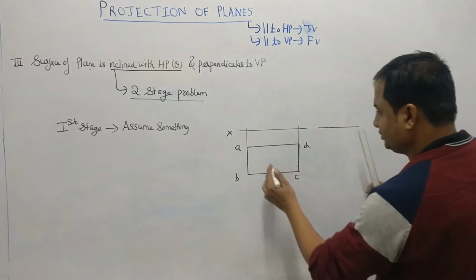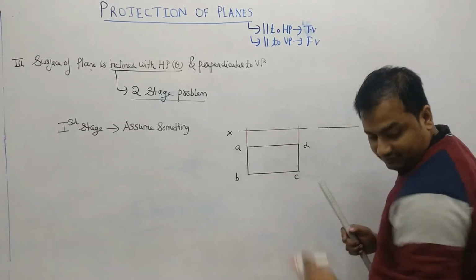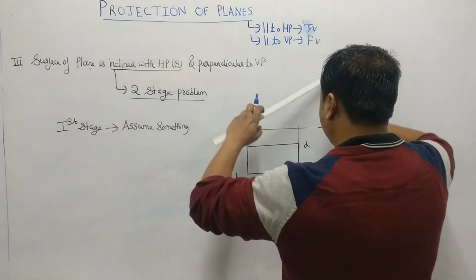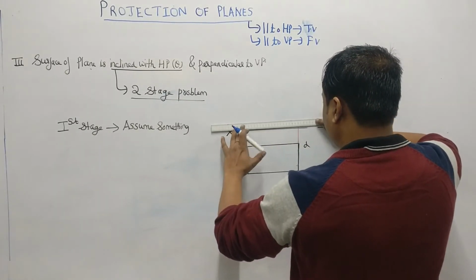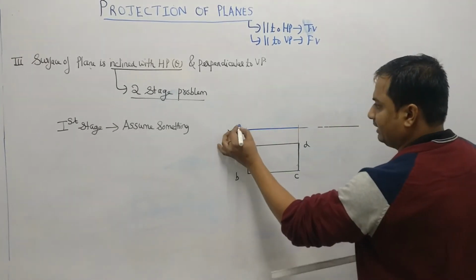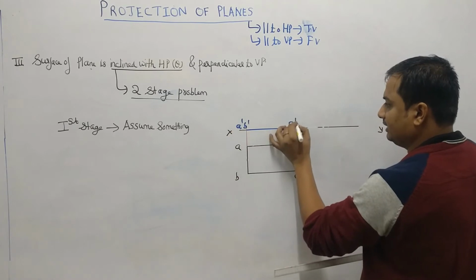So the top view will be true shape. This is my true shape of the rectangle, and the front view I will be taking on the XY, because from the very beginning I have told you that you can take on XY and you can take above XY also. That will not be creating any problem. So this will be my A dash, B dash, this is C dash, D dash.